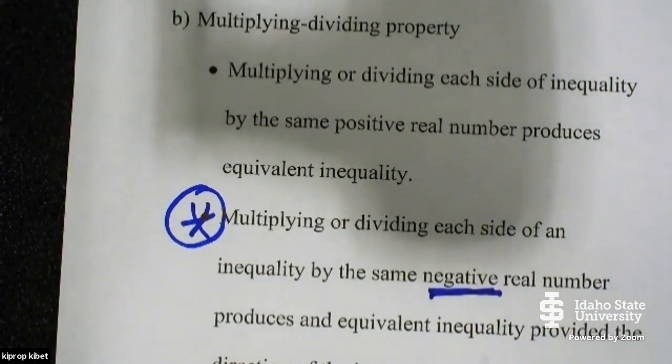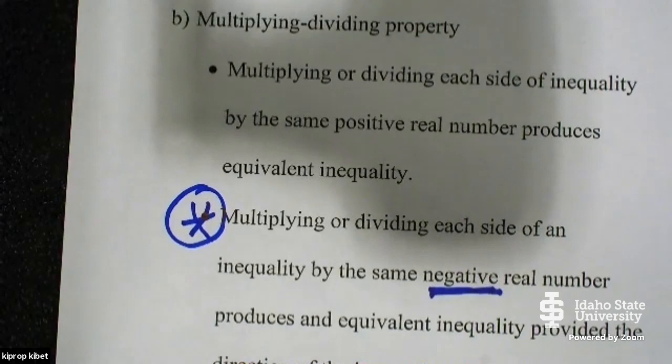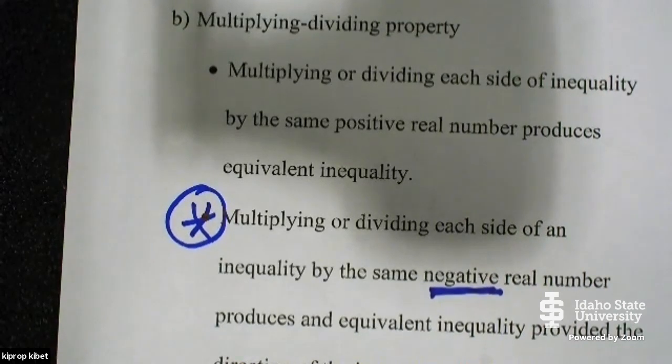The inequality. Okay. So if this is x less than 1, and you multiply by the negative here and here, then you reverse the what? This inequality.